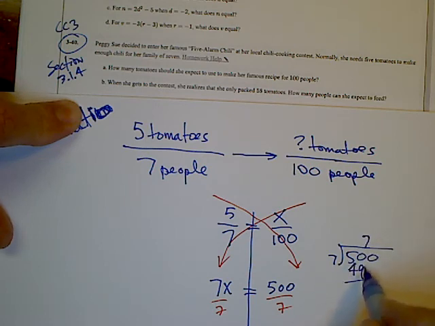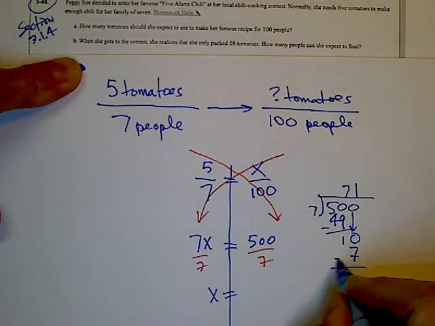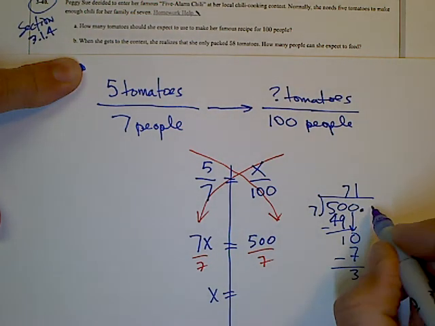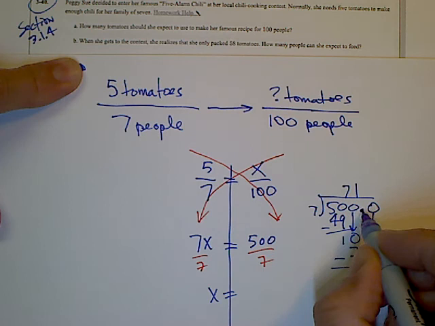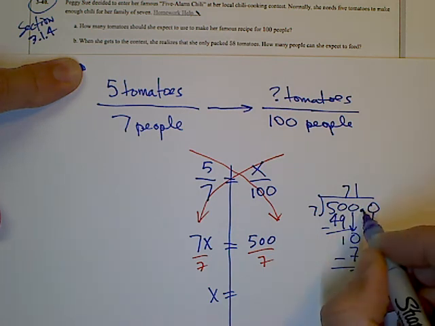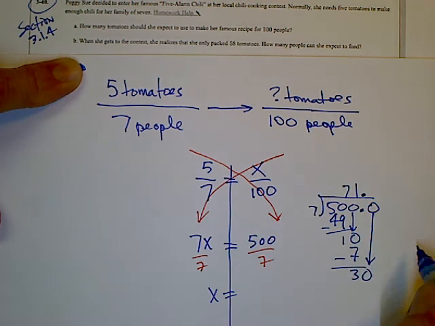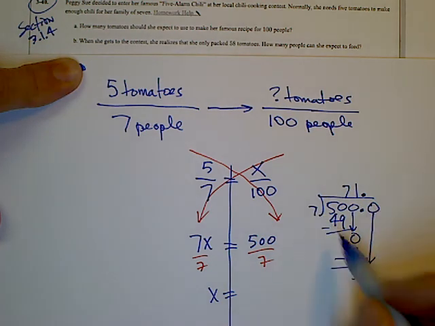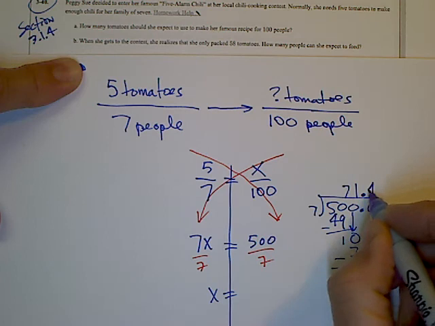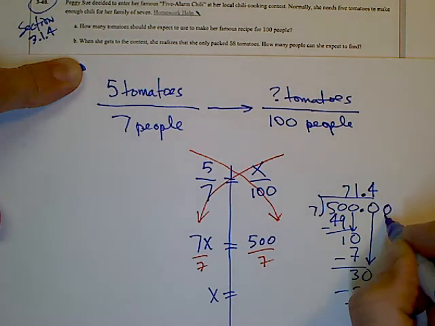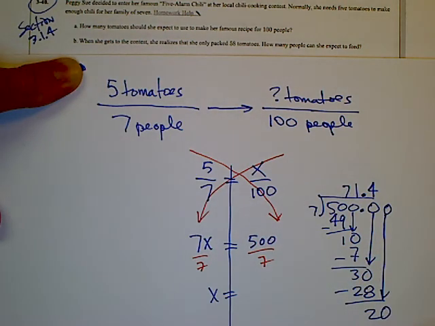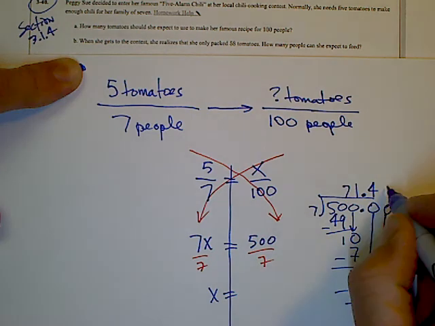Multiply, 49, subtract, bring down the 0. 7 goes into 10 once, multiply, subtract, and then we can add a decimal to continue and bring down the 0. When I add the decimal in my problem, I also need to add the decimal in the answer. 7 goes into 30 four times, multiply, I get 28, subtract, I get 2, bring down another 0. 7 goes into 20 twice.